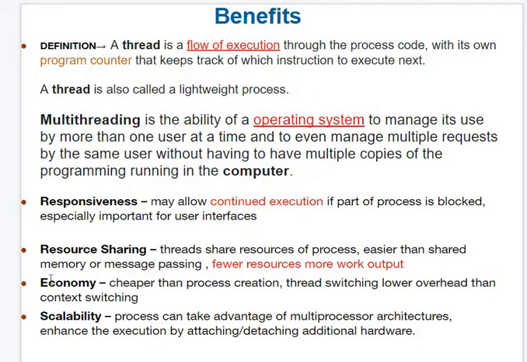Why is it economy? Because if you start providing a separate copy of data, code and files for every thread, definitely hardware will be more. If hardware is more, the expense of the total system will be costly.